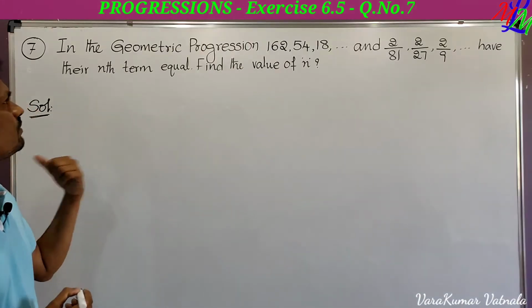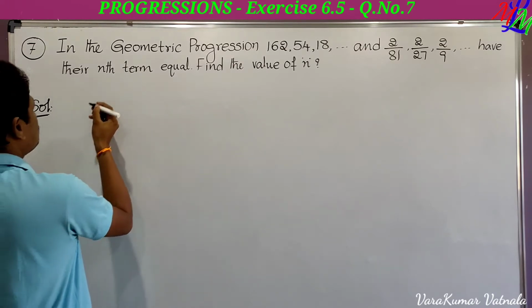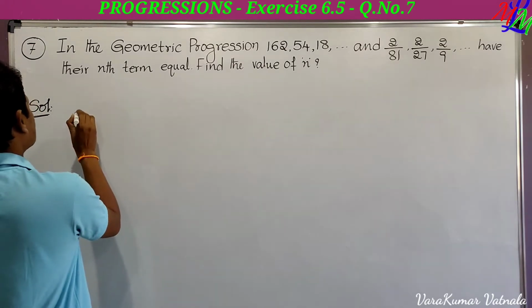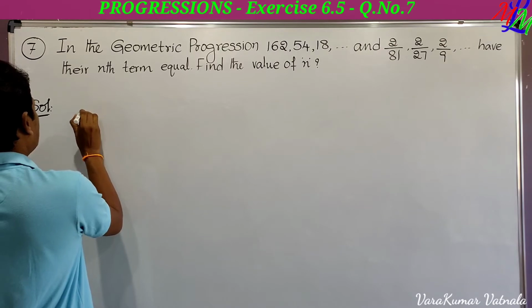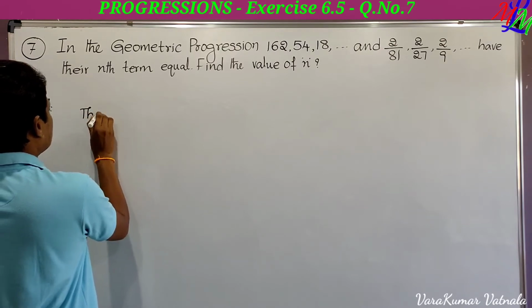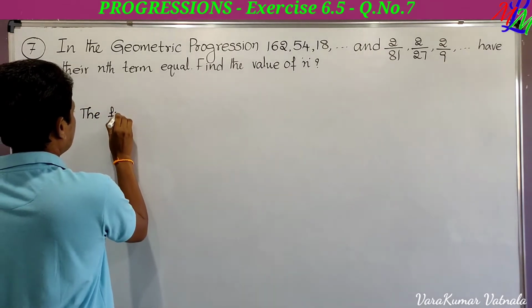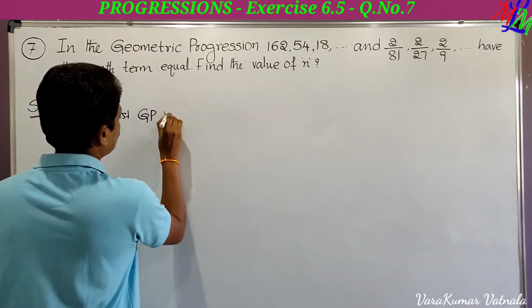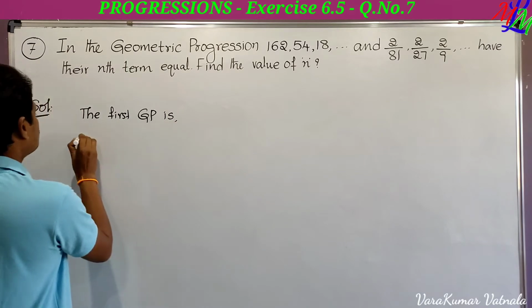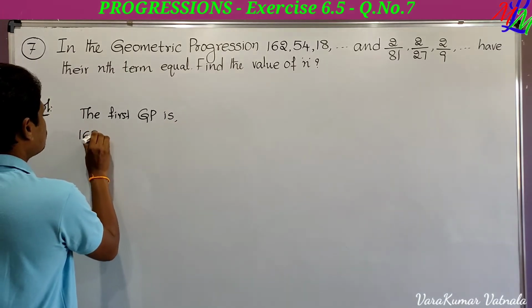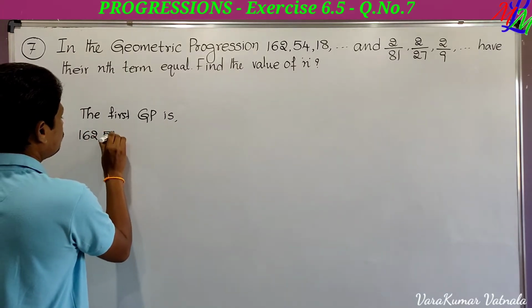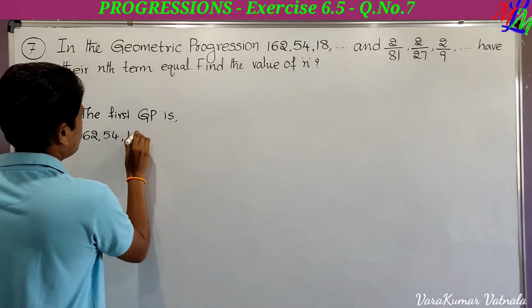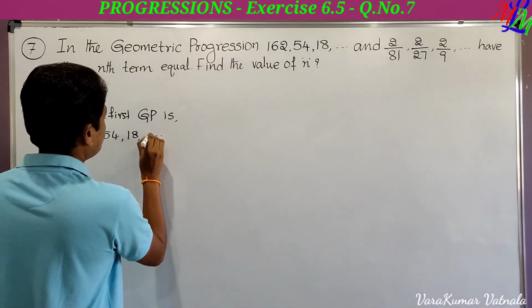Solution: how can we find it in the first GP? See here, the first geometric progression is 162, 54, 18 and so on.